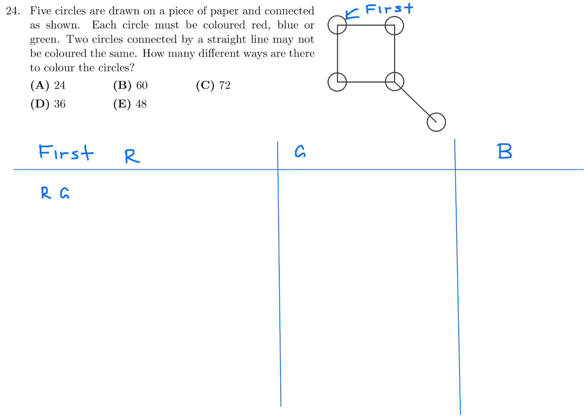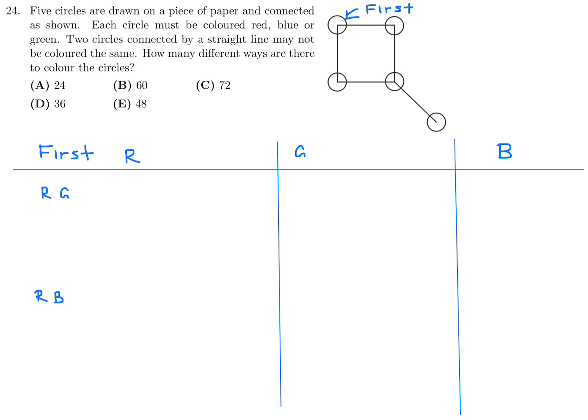This guy right here. And similarly, I can have red, and then I can put blue, but I'll do that down here. Okay. Now let's see. I can't have any other choices, right? I can't do red, red, because we have this rule that two circles connected by a line cannot be the same. Okay, so red, green, red, blue is the only thing I can do.